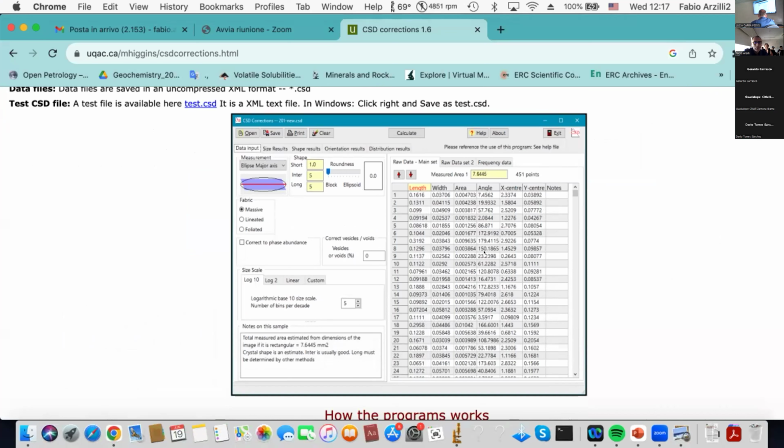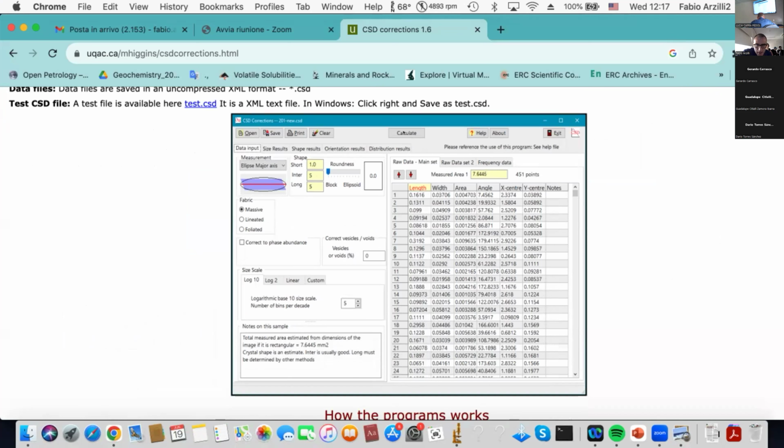And what you need to know is the aspect ratio of your crystal. So for an individual crystal, you have to put in the short, intermediate and long axes in order to say, okay, my crystals are more or less like this.